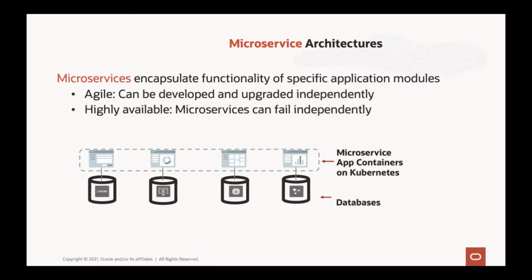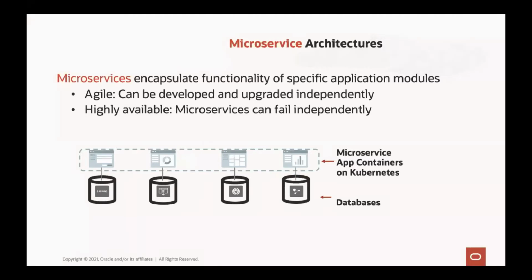So let's start with the microservices architecture. This is one development methodology which has been adopted in the last years to containerize the applications and their different modules in different containers, to encapsulate their functionalities in smaller installations, so they can be agile.